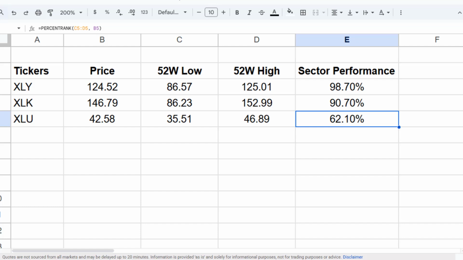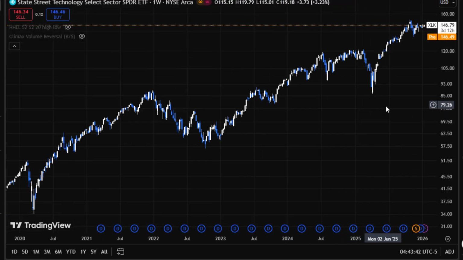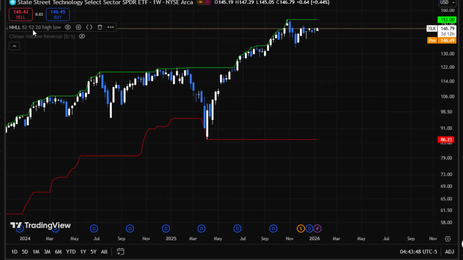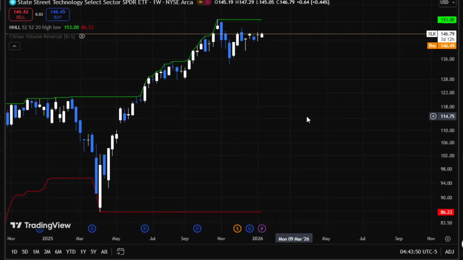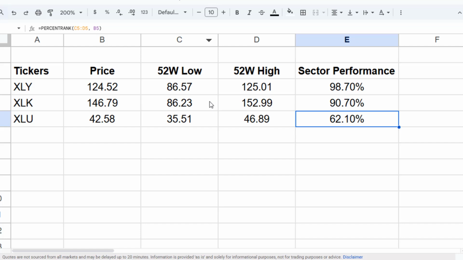We can double check that in TradingView, and I selected the technology sector, and then I have an indicator showing me the 52 high and the 52 low. And we see the 52 high should be roughly about 153. So let's have a look. It's like this one.